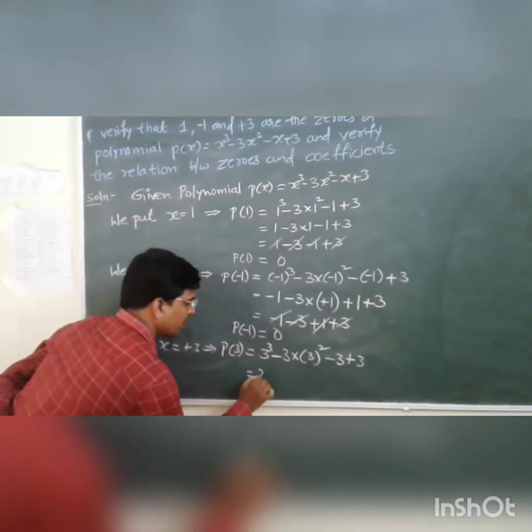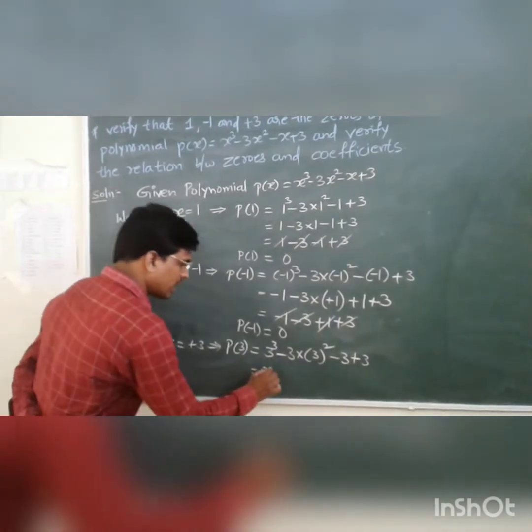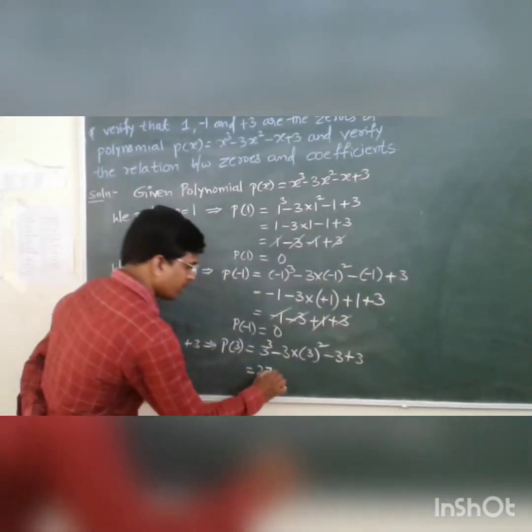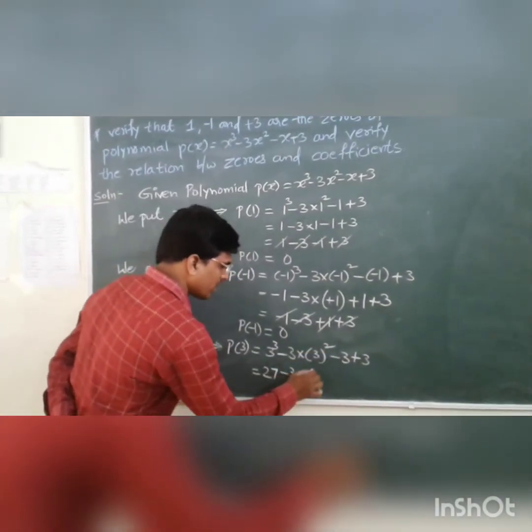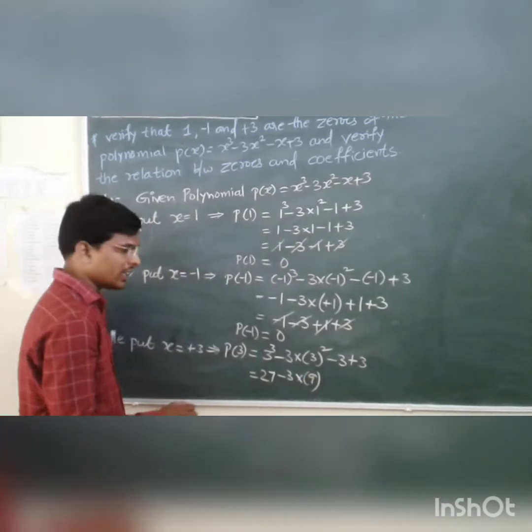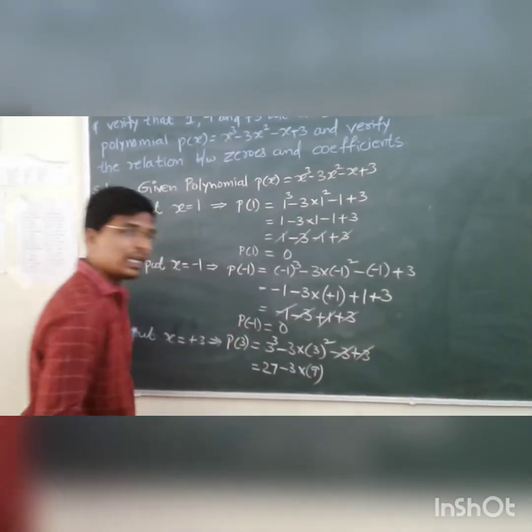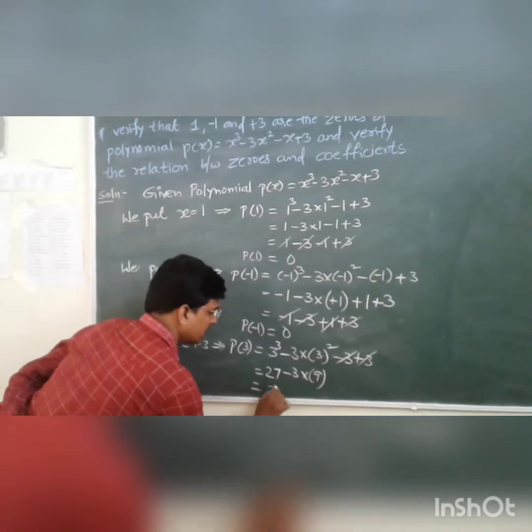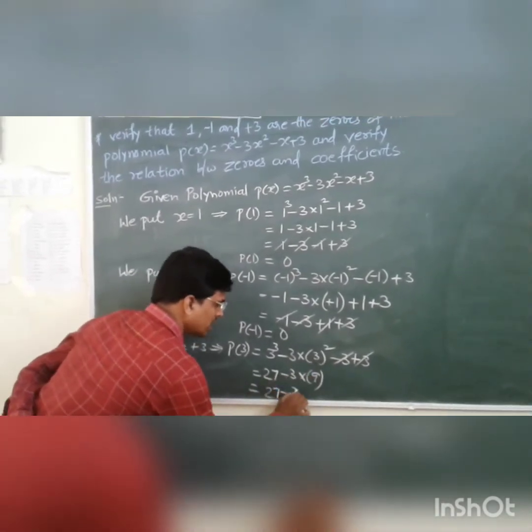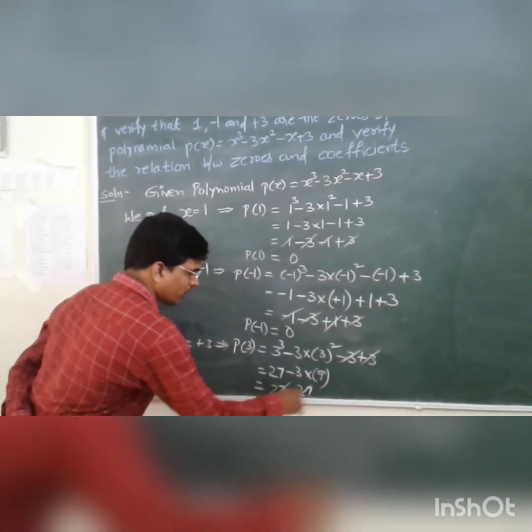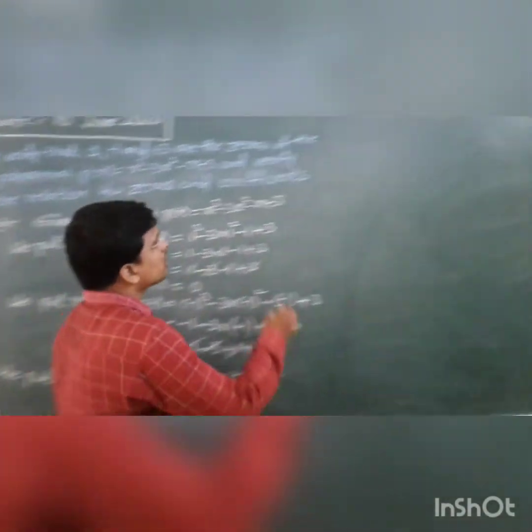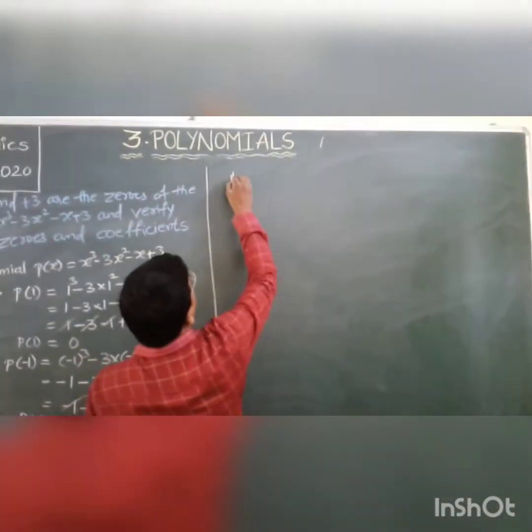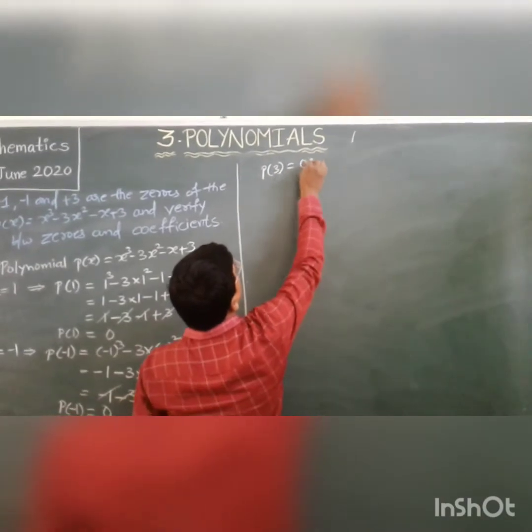So 3 cube means 3 into 3 into 3, that is 27. Next, minus 3 into 3 square. So 3 square means 9. So minus 3 plus 3 will be cancelled. So 27, 3 nines are 27. So 27 minus 27 both will be cancelled again. So P of 3 is equal to 0.